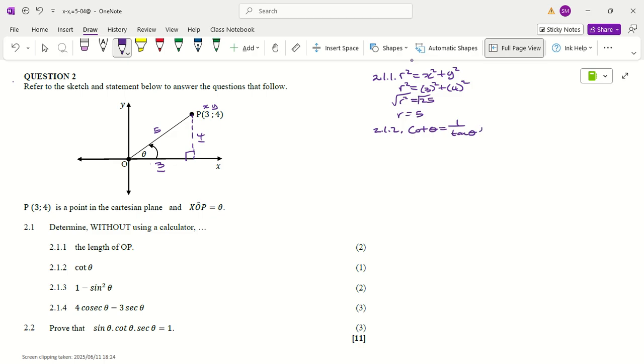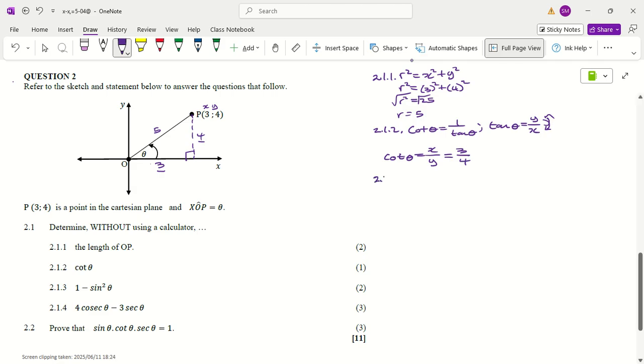If tan theta is equal to y over x, then cot theta will be the reciprocal of that, so y will go down and x will go up, so this means it's x over y. So very simple there. And then to write down cot theta, x is 3 and y is 4, so cot theta is 3 over 4.